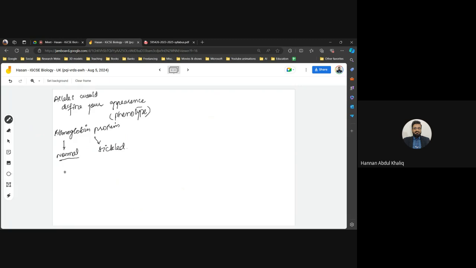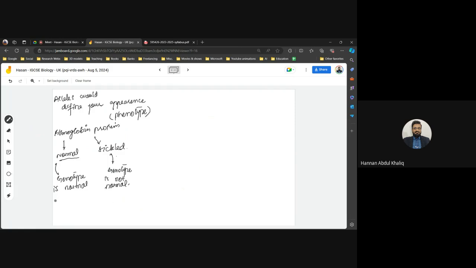If the hemoglobin is normal, it tells us that the genotype is normal. And if the hemoglobin is not normal, it tells us that the genotype is not in our favor or normal.